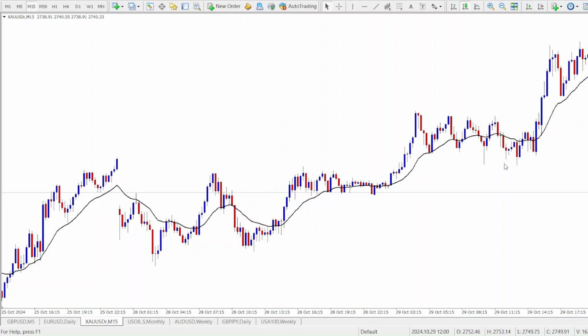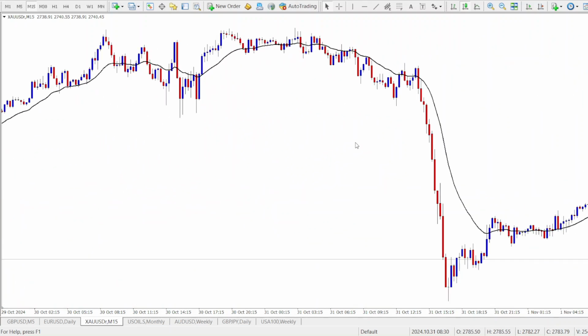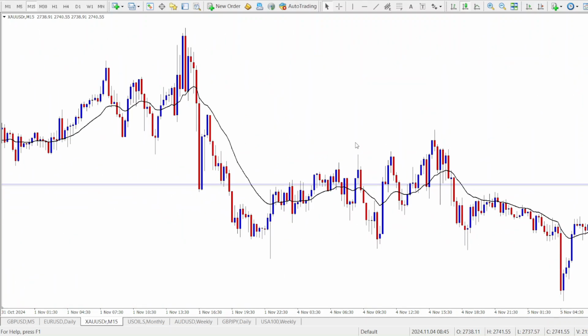The moving average is one of the most widely used indicators because it smooths out price action by calculating the average price over a set period. The great thing about moving averages is that they help filter out market noise and allow you to focus on the bigger trend, because it shows you the direction of the trend. You can open trades in the direction of the trend.